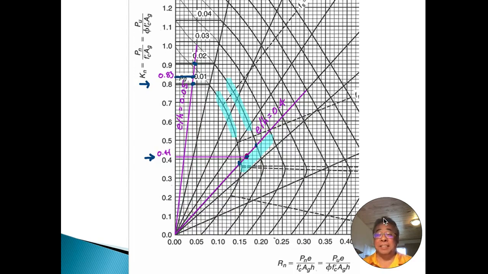What we're really going to use them for is you come to the diagram, and from your loads, you know P and M, and you just plot P and M. So let me see if I can do that. You just plot your P and M on here, and if it falls in there, that means you need 3% steel.